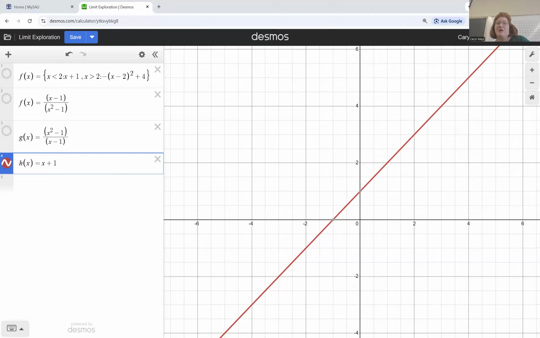So this function is really, in disguise, x plus 3. It's x plus 3, but it's not defined at 2. So we have found the function it's the same as. And now, I'm not dividing by 0. So I can plug it in. What do I get if I plug in 2?